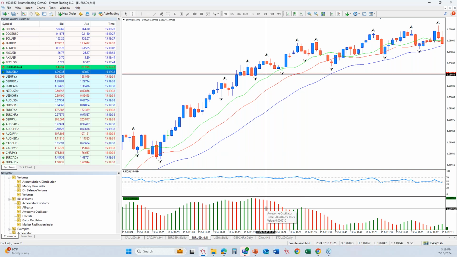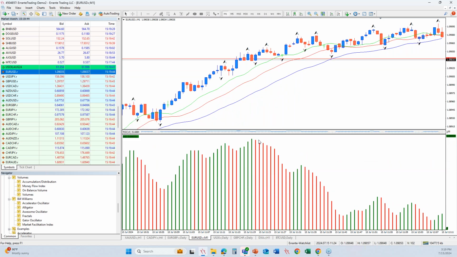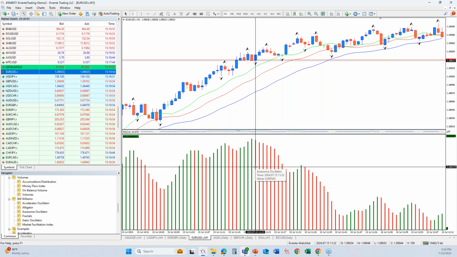And here we can measure the distance between the 5-period and 34-period simple moving average. Then all of the numbers used in Bill Williams trading tools are rooted from Fibonacci sequence numbers.